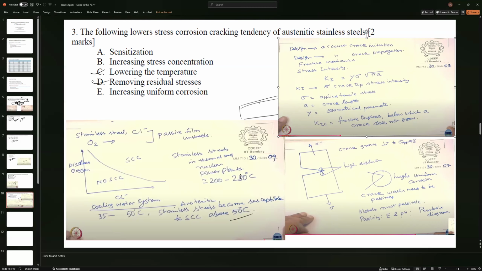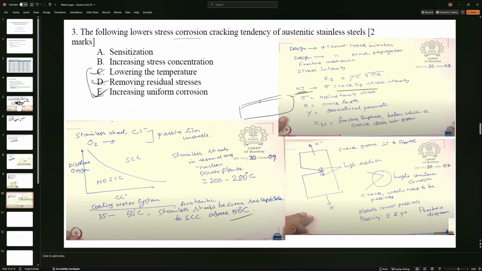So you have this parameter, the crack tip stress intensity. If you make the crack blunt, the stress intensity will decrease, so it will reduce stress corrosion cracking. So these should be correct.